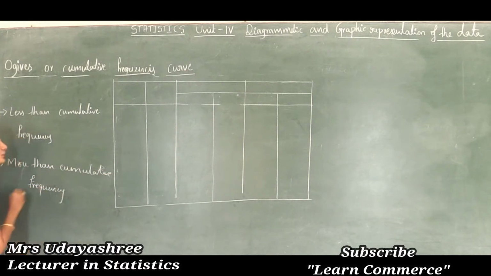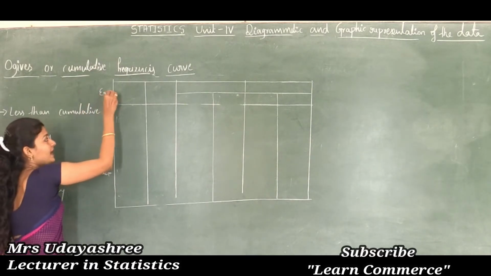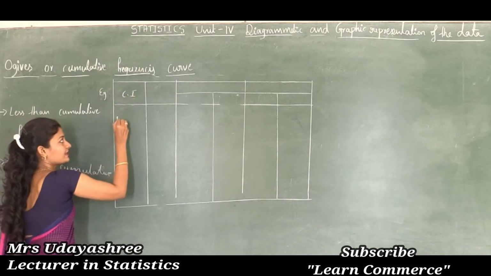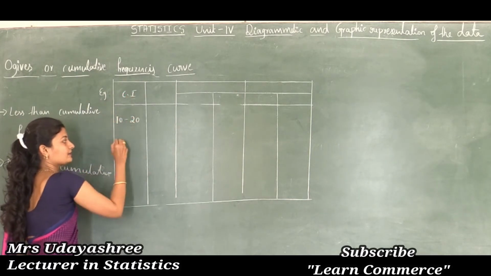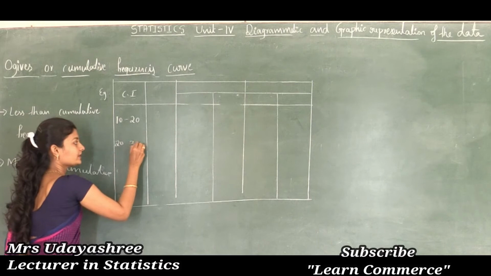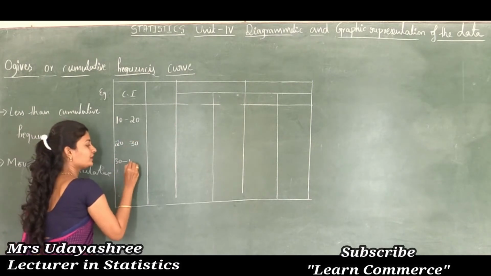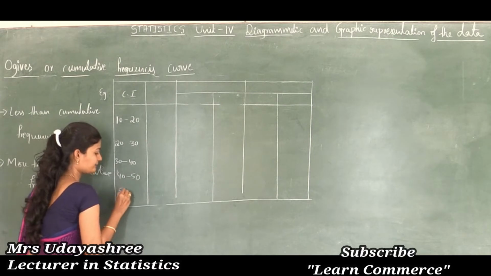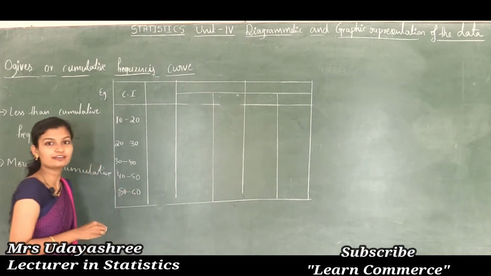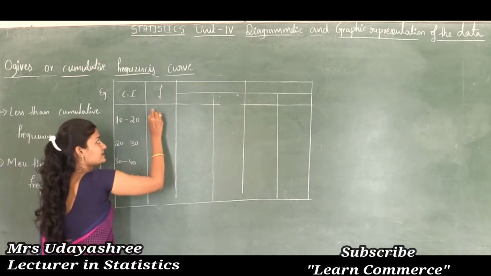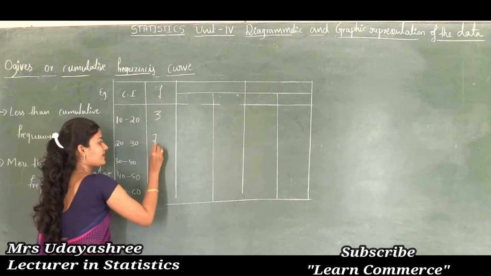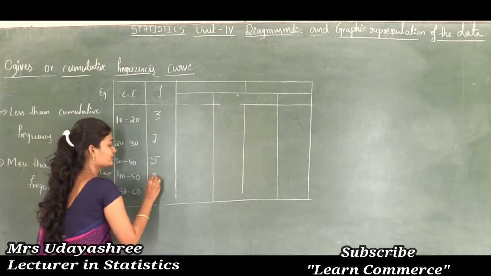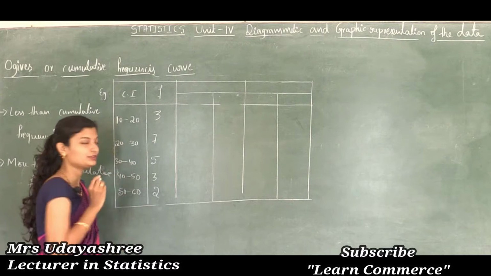Okay, let's see how to construct the less than cumulative frequency and the more than cumulative frequency. For example, I will take class intervals 10 to 20, 20 to 30, 30 to 40, 40 to 50 and 50 to 60, with frequencies 3, 7, 5, 3 and 2.